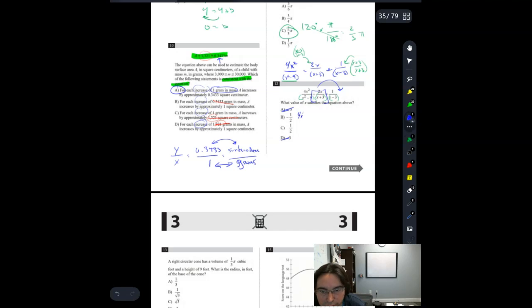So I now have 4x squared over x squared minus 9 equals, what is that, 2x squared minus 6x, right? So 2x squared minus 6x, right?